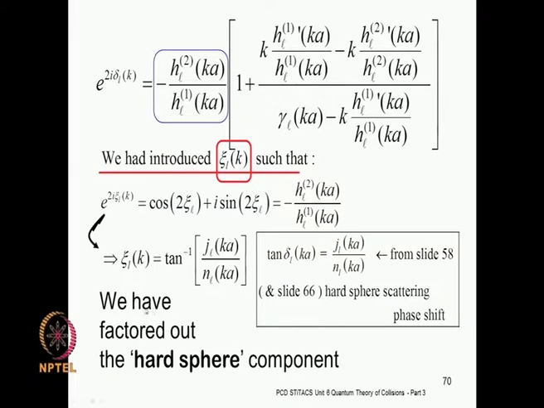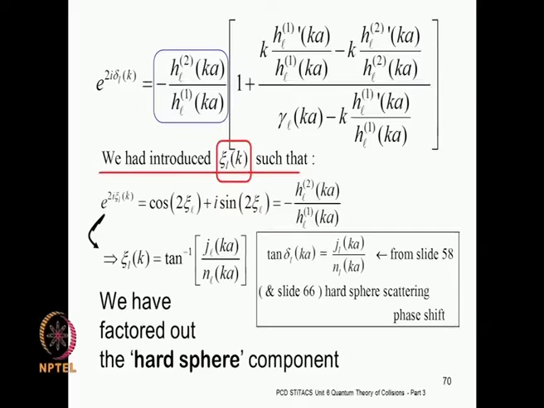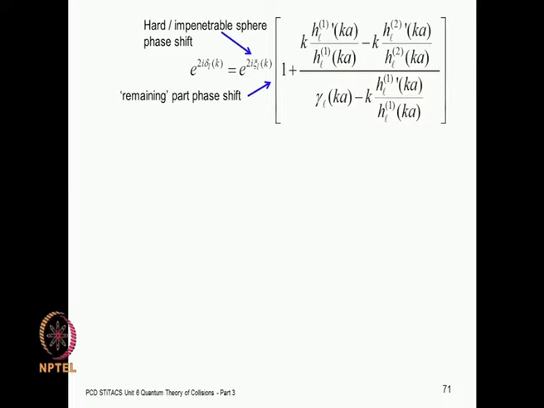So, what we have essentially done is to factor out a component which we shall refer to as a hard sphere component. Mind you, the actual potential is not a hard sphere. The square well results in a total scattering phase shift, one part of which is effectively the same as if it is coming from hard sphere scattering, and then there is a residual part. Our interest will be very much in the residual part.